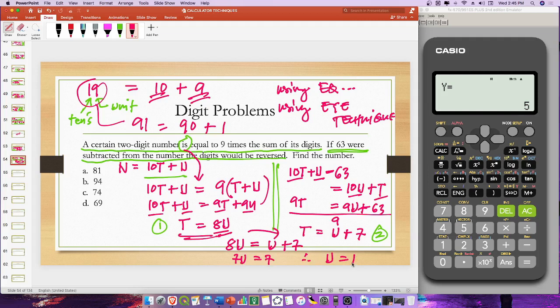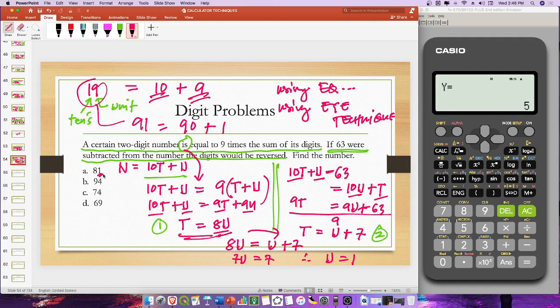So from the choices, you can easily identify which one is the right answer. According to the unit digit, that is letter A, because A is the only choice with a unit digit equal to 1.